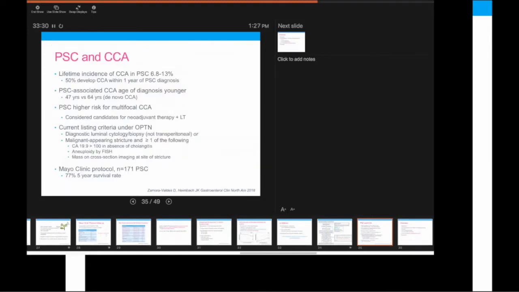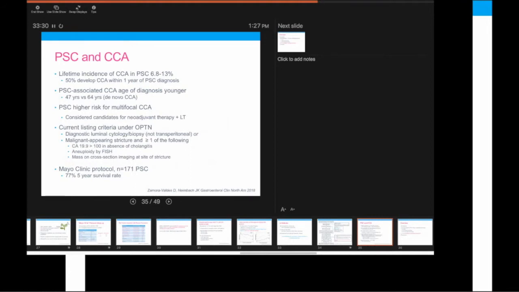So PSC and cholangio, we already talked about the lifetime incidence. In the study, they found that with PSC-associated cholangio, generally the age of diagnosis was younger, and the time of transplant was also younger for these patients. PSC patients did have a higher risk for multifocal cholangiocarcinoma and are generally considered better candidates for neoadjuvant therapy and transplant.